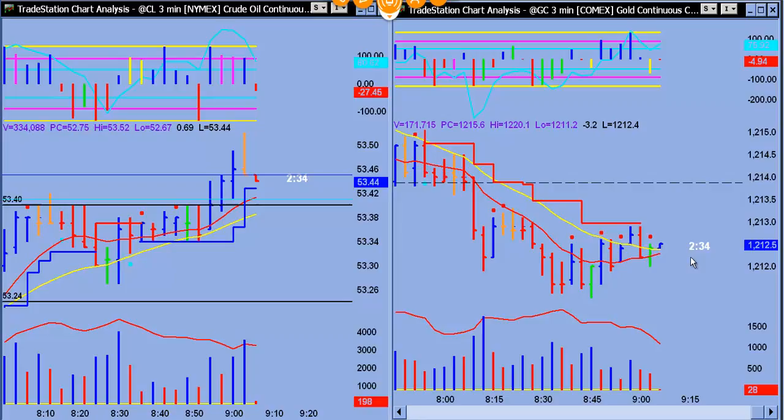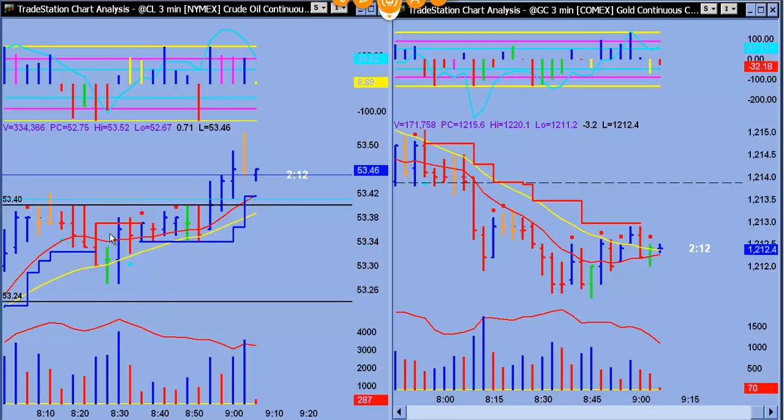We don't take trades until bars close, because things can happen even with 5 seconds left. The bar can say, yes, you have a permission trade, price and volume's telling you to trade, but when the bar closes, you don't have permission anymore. So you wait for bars to close.